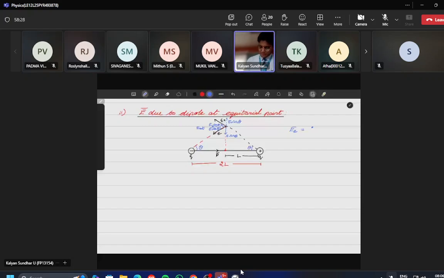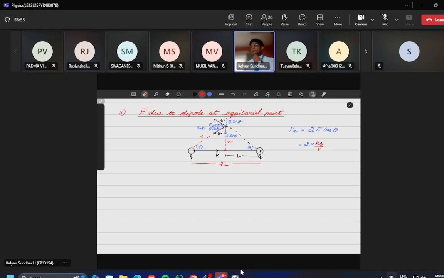And this perpendicular point, let it be at a distance x, and this small r is nothing but the square root of x square plus L square. Now the electric field for these two will be kq by r square, and for them also it will be kq by r square. So let me write this as kq by r square into cos theta. What is the cos theta value?